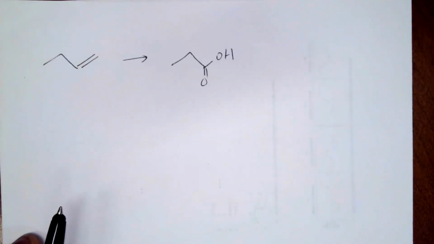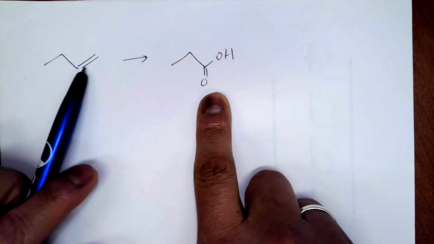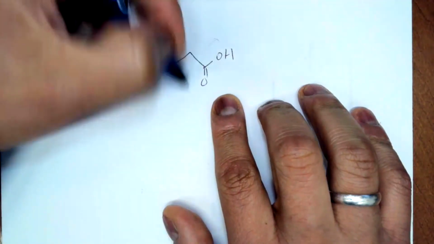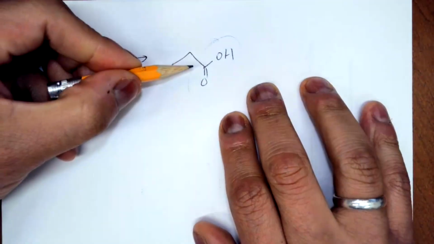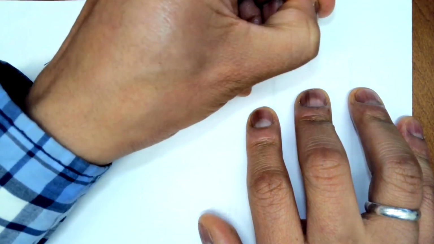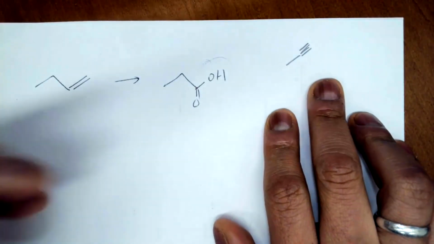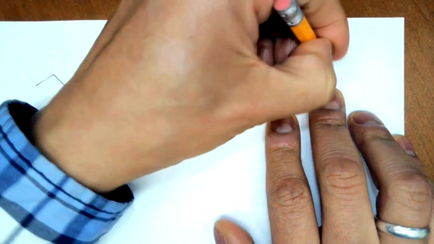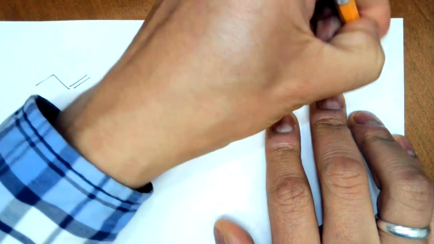All right, next conversion. Okay, carboxylic acid from an alkene. Good. Carboxylic acid, what reaction allows me to produce a carboxylic acid? Okay, I know I learned a reaction that says that alkynes with ozone in water produce carboxylic acids.